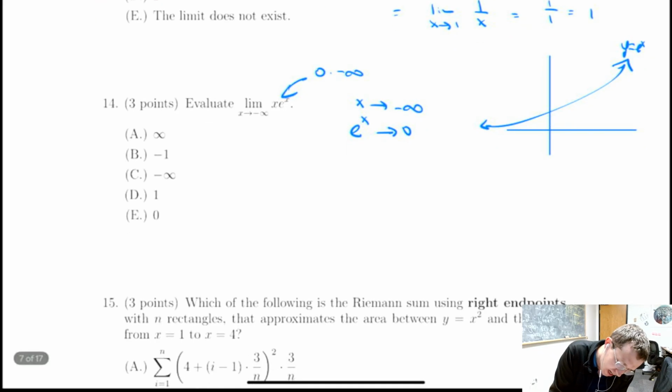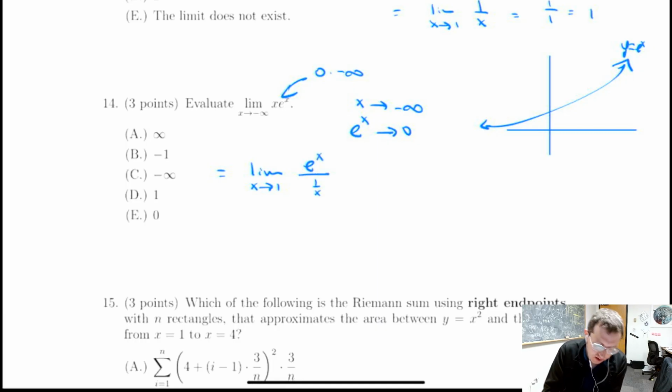The way that I handle that is by putting one of the terms in the denominator, but as its reciprocal. e to the x over 1 over x is the same thing as x times e to the x.